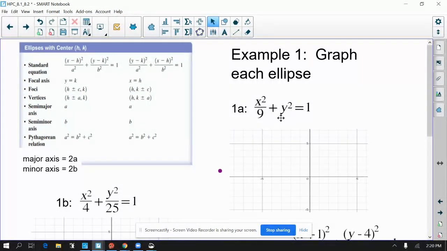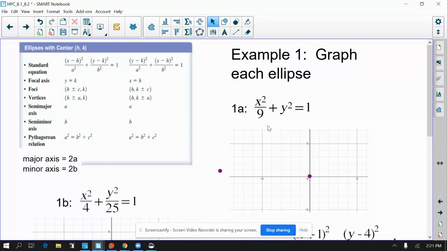Let's graph this. First of all, the center. What is the center of this ellipse? The center is H, K, but I'm not subtracting any H's or K's. That tells me H, K is 0, 0. So the center is the origin. And then I'm dividing by 9 here and by 1 here.